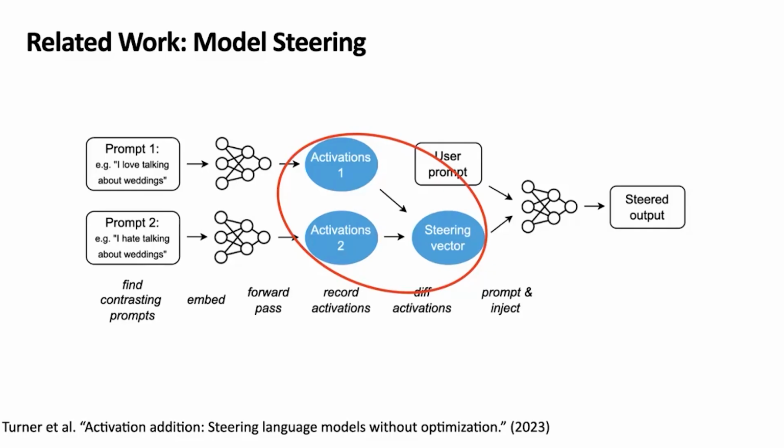By taking the difference in the model's activations with two different inputs that are similar but differ in the sentiments towards the topic of interest, one can get this representation and add it to the model activations at inference time. And in the specific case, get the model to generate text that has positive sentiment with respect to weddings, in this case, the specific topic considered.